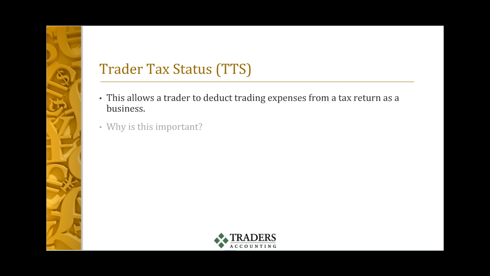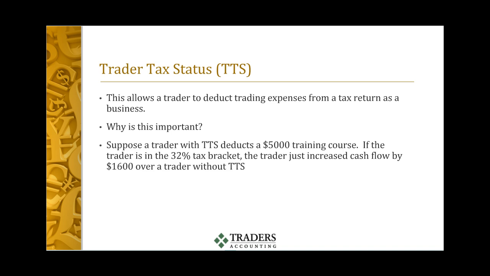So why is this important? Well, as I've mentioned, let's look at an example here. Suppose a trader with trader tax status deducts a $5,000 training course. You guys take training courses, you pay for them, why not deduct them? If this trader is in the 32% tax bracket, and that's federal, we're not talking state anywhere, the trader just increased their cash flow by $1,600 over a trader without TTS.